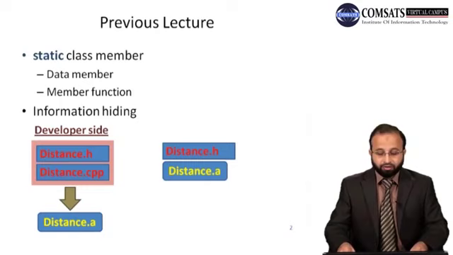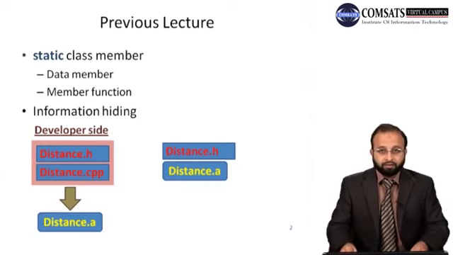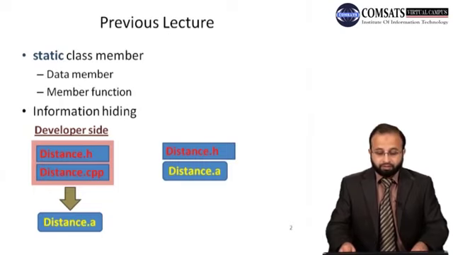This library.a is not in a readable form, but the distance.h file tells the programmer or the client or the user what are the different member functions of the class distance, and what are their prototypes, and also the private data members of the class distance.